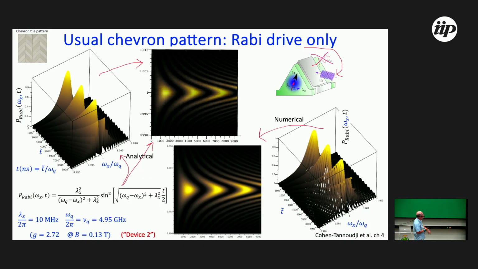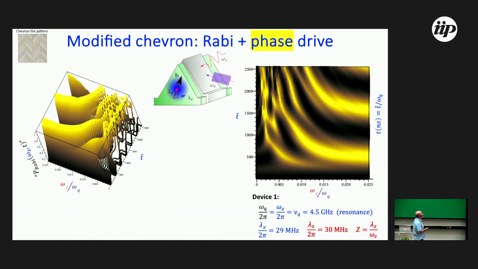So nothing new here. Now let's see, when you do the phase drive, and I'm going to show the details, that chevron with the phase drive looks like this. I'm varying now.